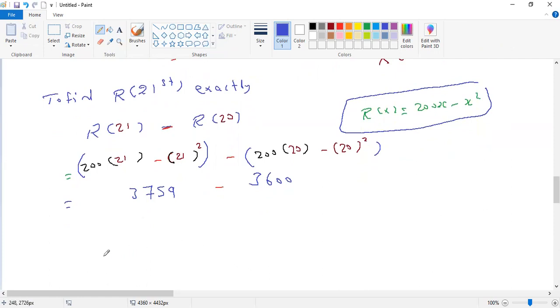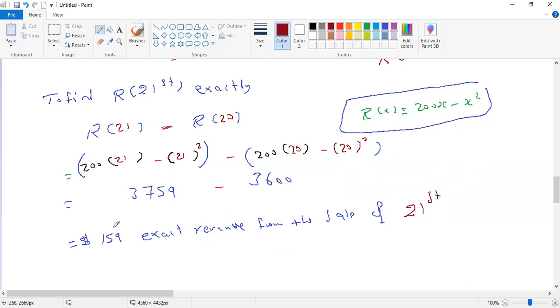Now the difference is 3,759 minus 3,600, equal to $159. This is the exact revenue from the sale of which unit? The first unit after 20, the 21st unit.